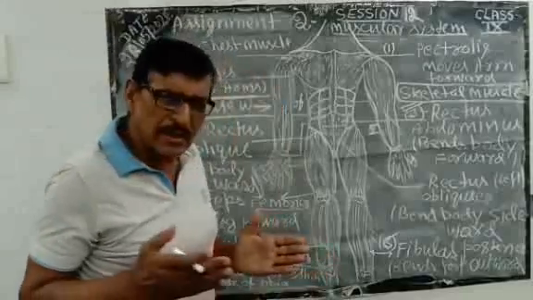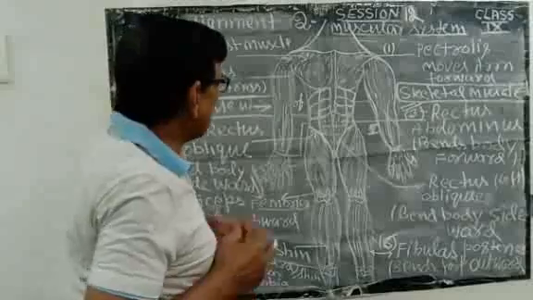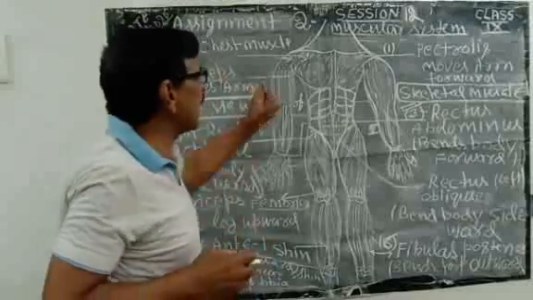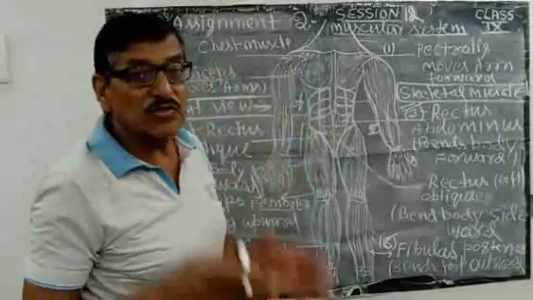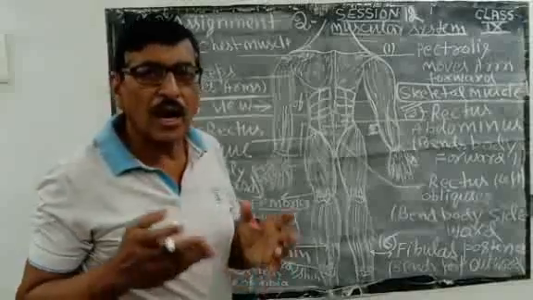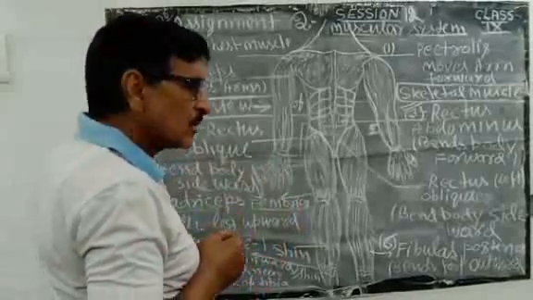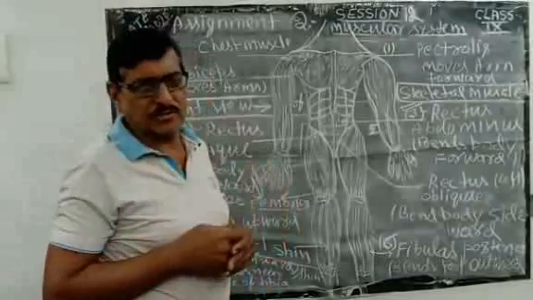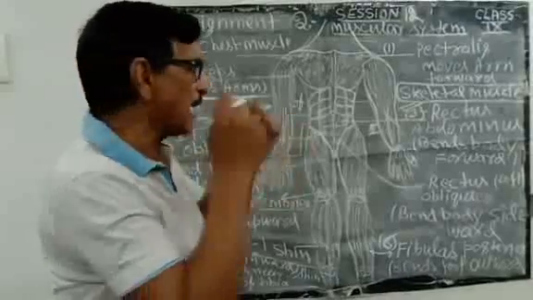We can see in this muscle, it is a two-headed muscle situated on the upper arm. It helps to flex the arm.